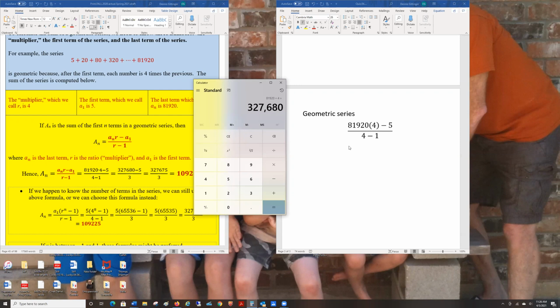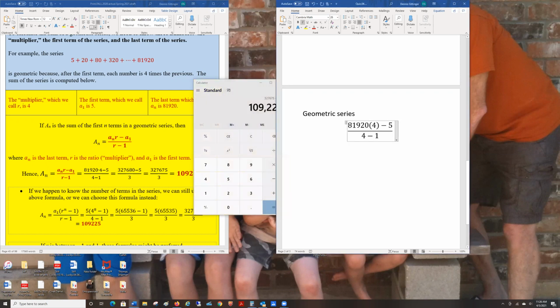Now I'm going to say minus 5 equals. I'm not going to say minus 5 divided by, because I want to make sure that it subtracts 5 first. Then that number is divided by what? Don't say divided by 4 minus 1, because it'll divide by 4 and then subtract 1. Just say divided by 3; I'm confident you can do 4 minus 1 in your head.